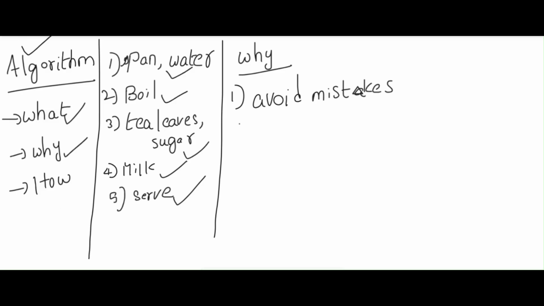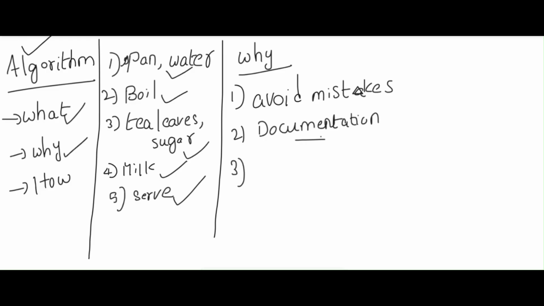And then the second purpose is you will have proper documentation of the program. So what is the purpose of using this documentation? See, if you want to solve a problem, you will think of this logic. We'll see what is logic in the same video.